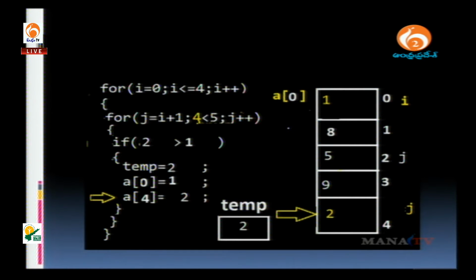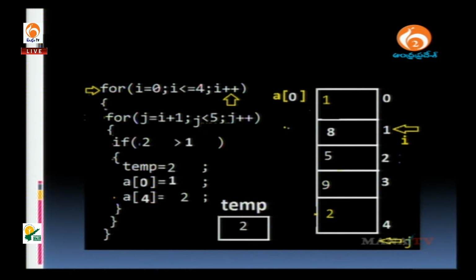Once the swapping is done, the control goes to the inner for loop's j plus plus. j is incremented by 1, that is 5, and 5 less than 5 is false, so control comes out of the inner for loop. Now the control moves to the outer for loop, that is i plus plus.